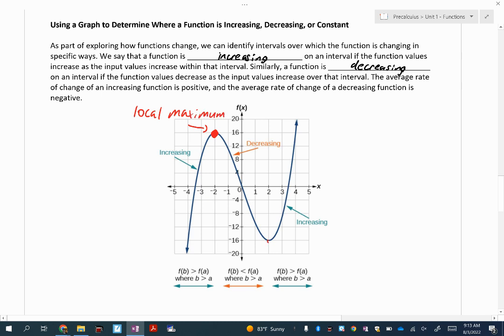And then as we move from decreasing to increasing right here, this is called a local minimum. And again, it's one of those things where this is kind of like learning the alphabet. So when you get to calculus, you can do even more stuff with this information.